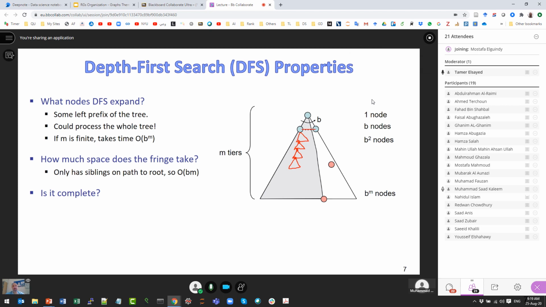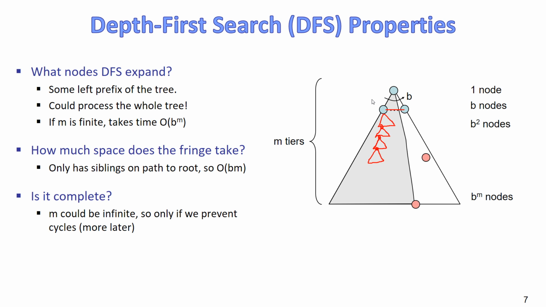Very good. So it will be complete only if we prevent cycles. If there are cycles, of course, it will go infinitely into the cycle, as we saw in the example last time. If you remember, the search tree was infinite. But if we prevent the cycles, then it will find a solution.